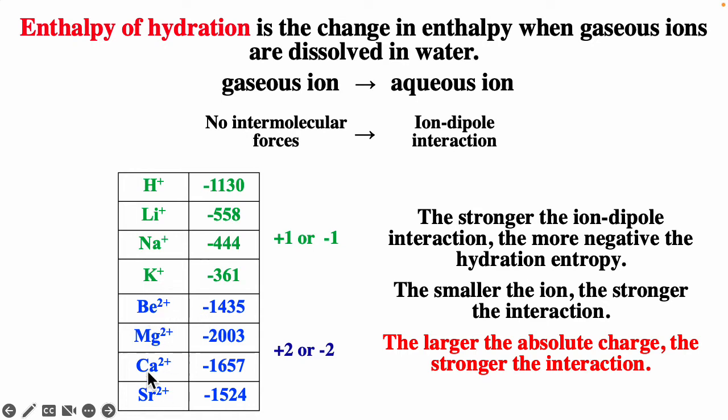The bigger the absolute charge, the more negative the enthalpy of hydration. The smaller the size, the more negative the enthalpy of hydration. And so the +2 or -2s are going to have a more negative enthalpy of hydration than the +1s or -1s. First, absolute charge, second, size.